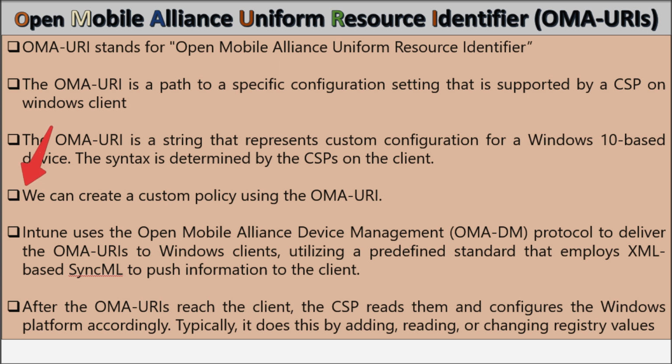We can create a custom policy using an OMA-URI, and Intune uses the OMA-URI protocol to deliver the OMA-URIs to the Windows client utilizing a predefined standard that employs XML-based SyncML to push the information to the client. After the OMA-URI reaches the client, the CSP reads it and configures the Windows platform accordingly. Typically it does this by adding, reading or changing the registry value.